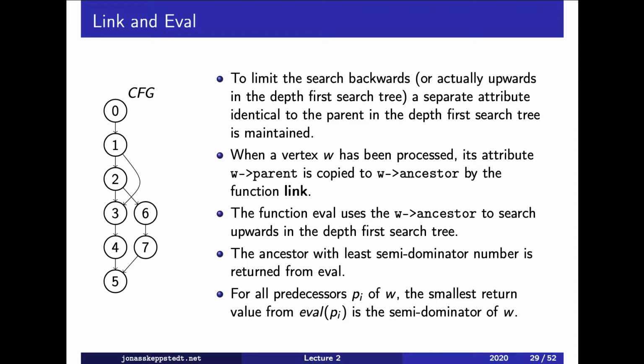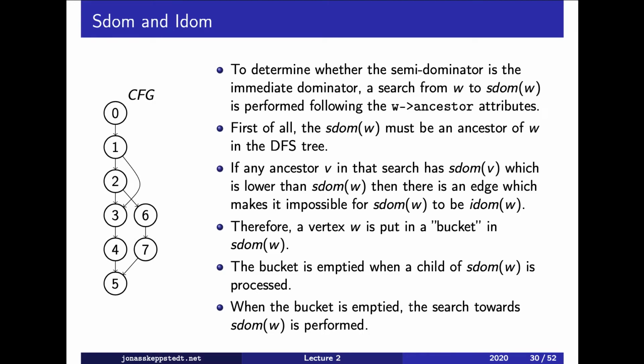So how do we do it? We start by searching each predecessor using eval, and then we take the one which gives us the smallest vertex as the semi-dominator of W. The purpose of this is to find the immediate dominator. As you recall, we use the semi-dominator to determine if the semi-dominator is the immediate dominator of a node.